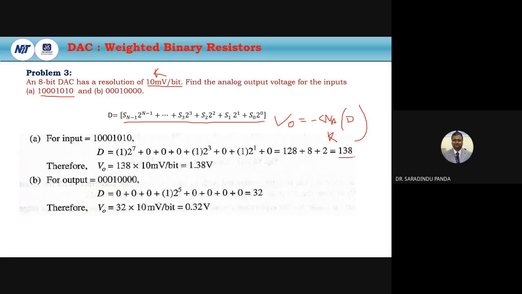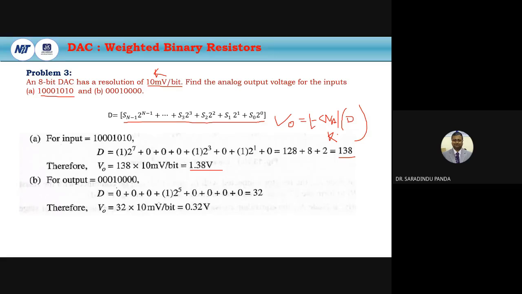Then we will get the value of this. So V0 is nothing but the mod of delta VA, and delta VA is the resolution. So 10 millivolt into 138. So V0 is equal to 138 into 10 millivolt per bit, which is equal to 1.38 volt.